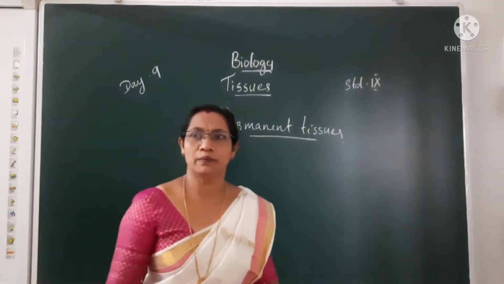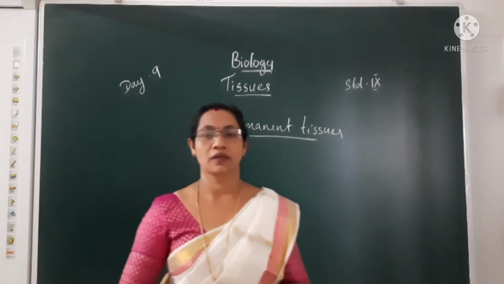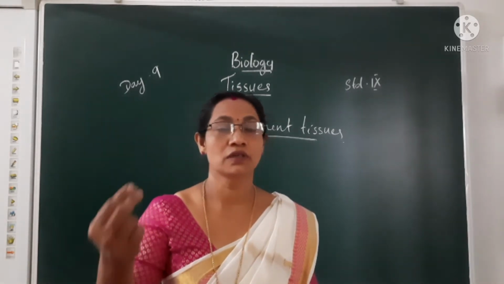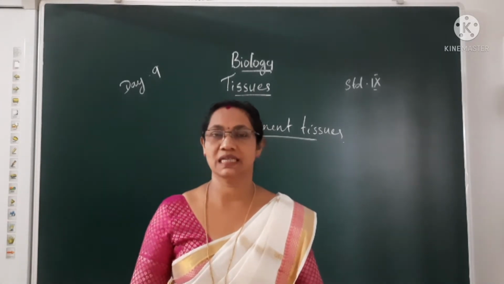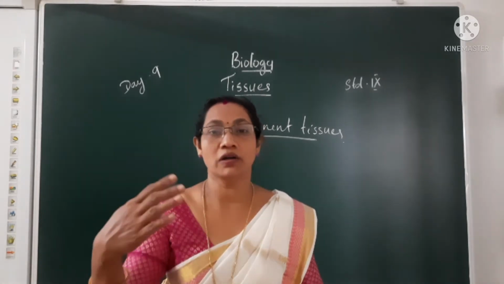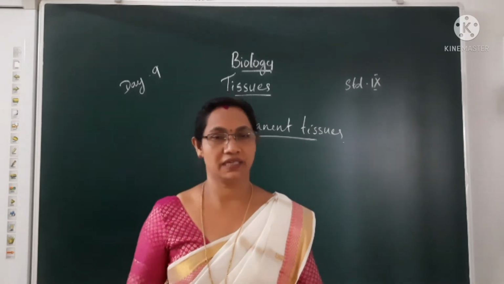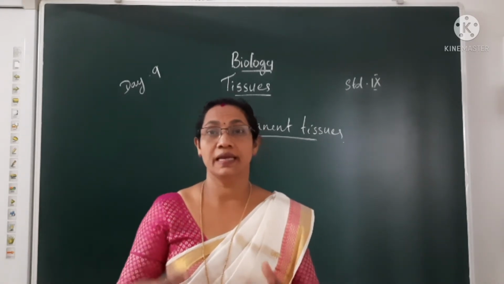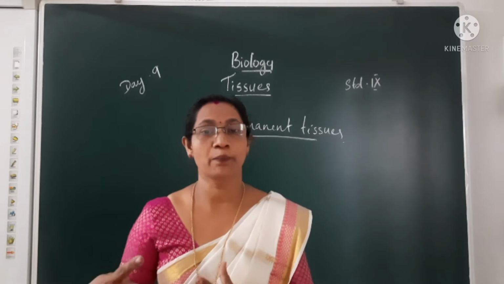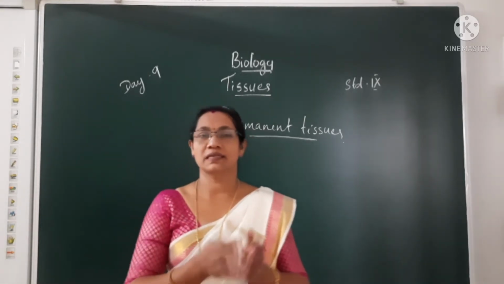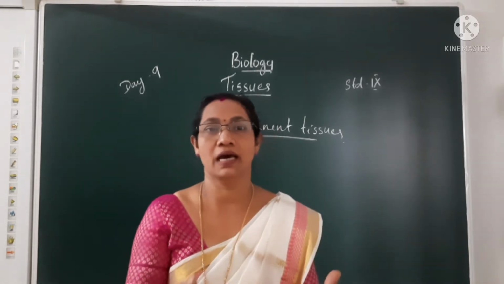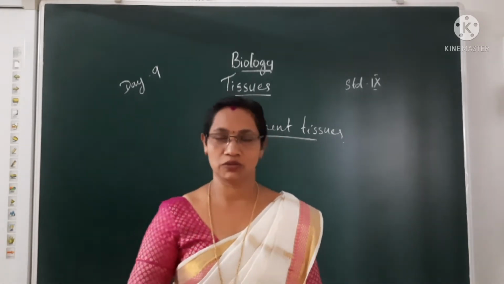So what are permanent tissues? The tissues which lose dividing capacity. The cells which do not undergo cell division, and also they begin to perform one particular function. At first, the cells formed in the plants are all meristematic tissues.